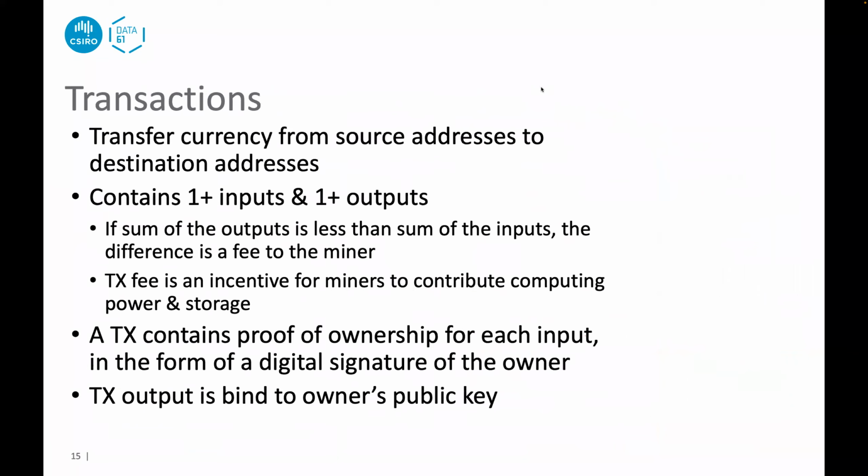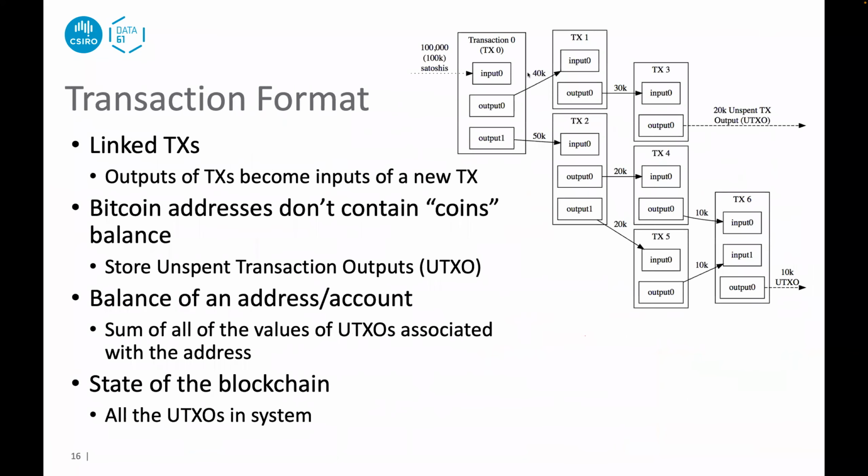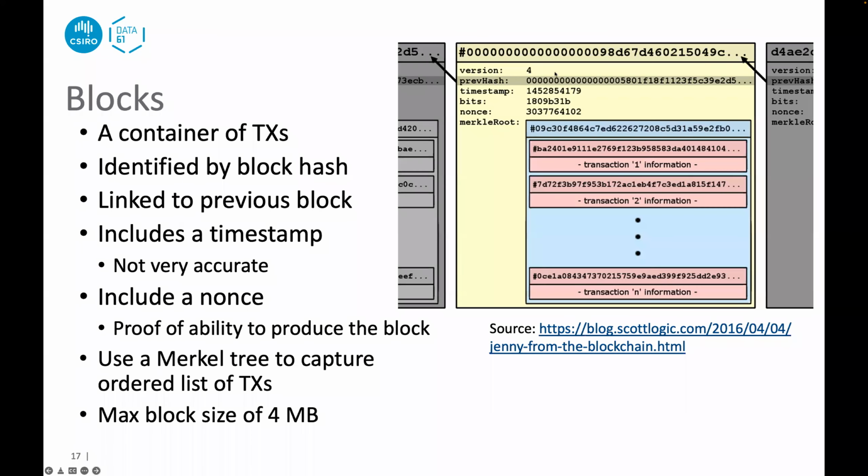And then there are a few additional things like the version, the Bitcoin version that we are generating this with, and the hash of the previous block. So this one, let's say, is ending with D5. So we see D5 here. And the timestamp, this is a Unix timestamp of when the block was generated. Not going to be very accurate, but if it is generated now, it won't have a timestamp that was yesterday or tomorrow.